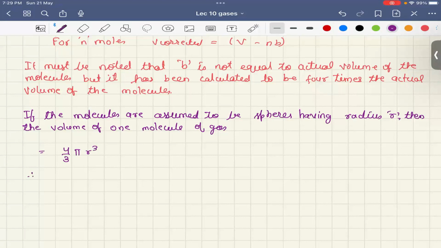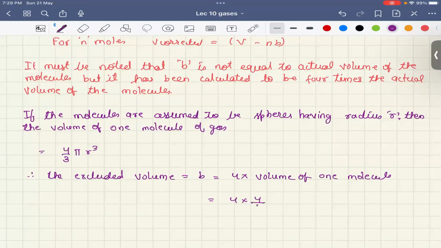Therefore, the excluded volume, which is nothing but b, is 4 times the volume of one molecule, so it becomes 4 into 4 by 3 pi r cube, right?